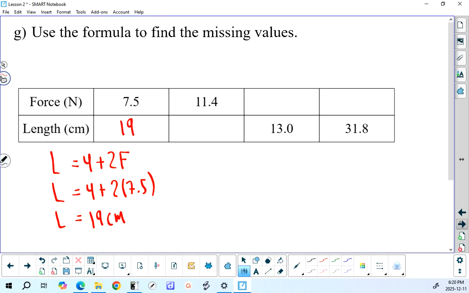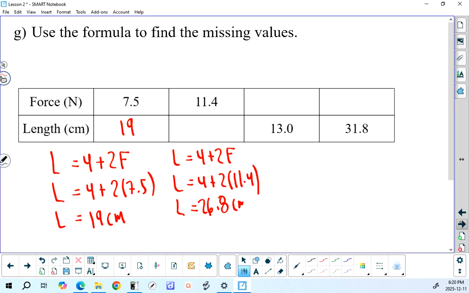We want to try it for the second one. The length equals 4 plus 2f. So the length equals 4 plus 2 times 11.4. So take a second and figure out what that works out to be. I think it's 26.8 centimeters.